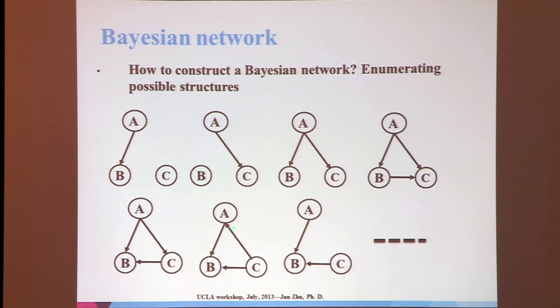As long as you can see there is no loop, then it's fine. Then this one is possible. It's a Bayesian network structure.